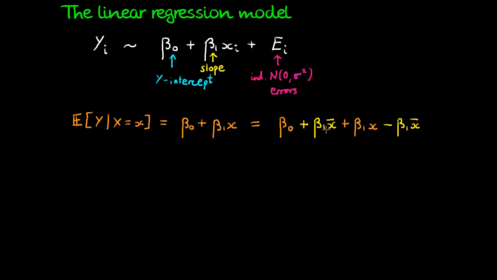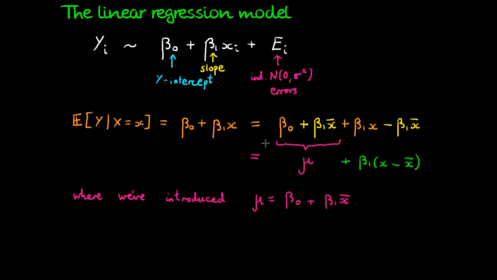I add it on, and then I subtract it, so I haven't really done anything here. Then I'm going to define a new variable, I'm going to call it mu. So mu is going to be equal to beta naught plus beta 1 x bar. There it is. And then what's left, well, there's a common factor of beta 1 here, so what's left is beta 1 times x minus x bar.